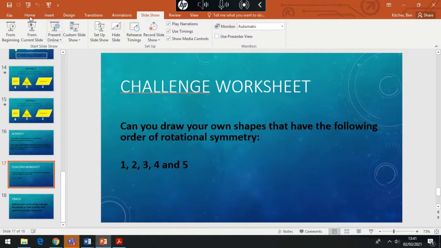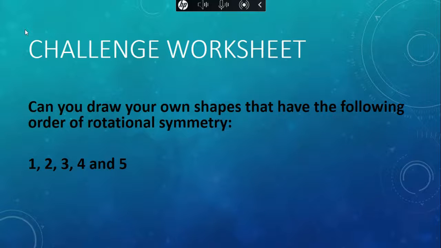And then your challenge question is this. Can you draw your own shapes that have the following order of rotational symmetry? So your challenge question is to draw 5 shapes. The first one with an order of rotational symmetry of 1. In other words, it only looks the same as its original shape.